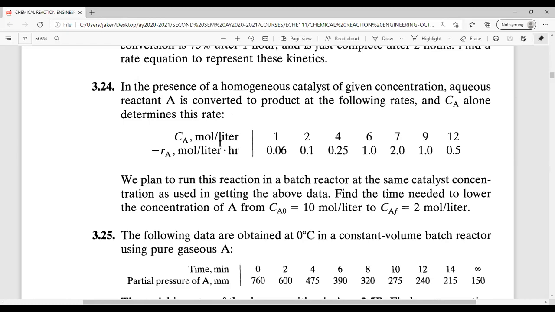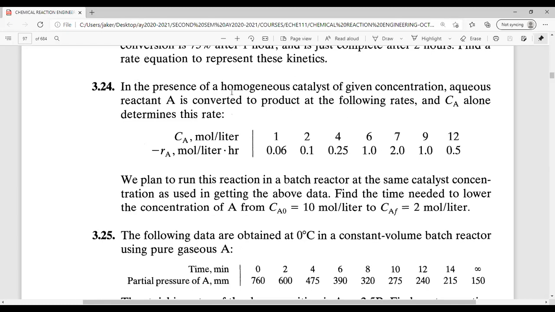This time you're given the concentration of A and the corresponding rate of reaction. You're not given the catalyst concentration, but rather the rate of reaction. We plan to run this reaction in a batch reactor at the same catalyst concentration as used in getting the above data. Find the time needed to lower the concentration of A from an initial concentration of 10 moles per liter to 2 moles per liter.